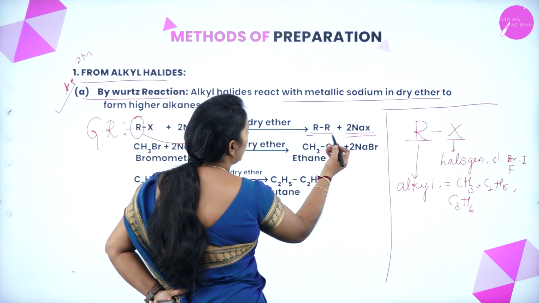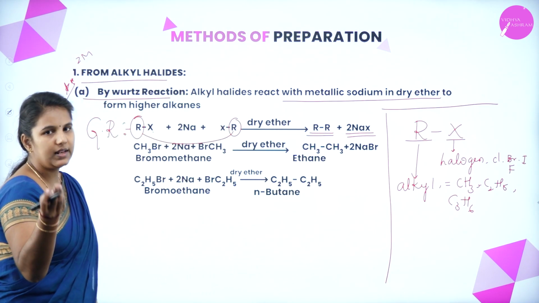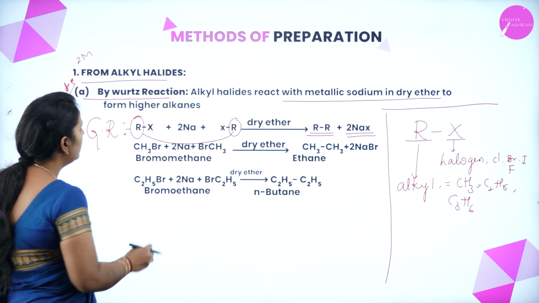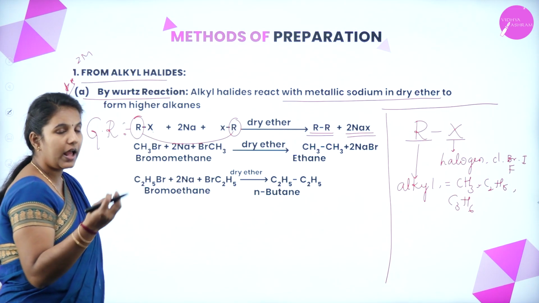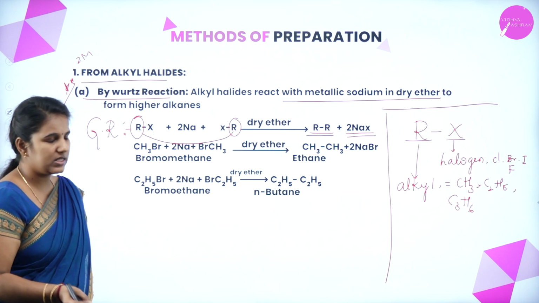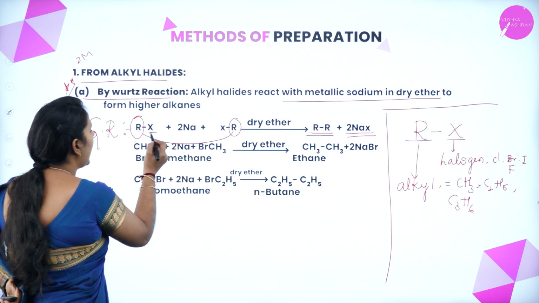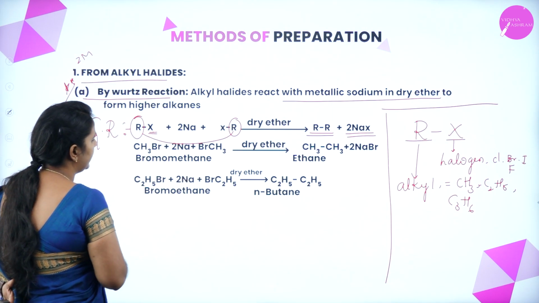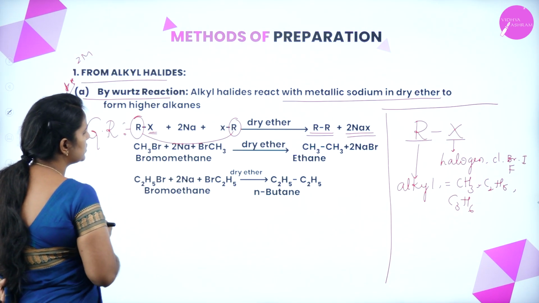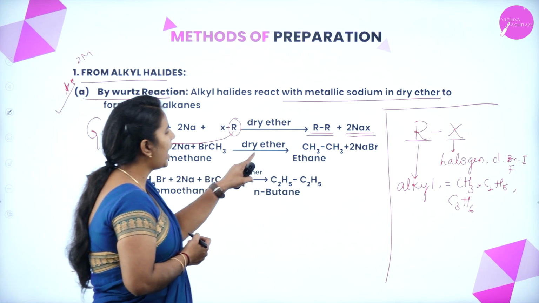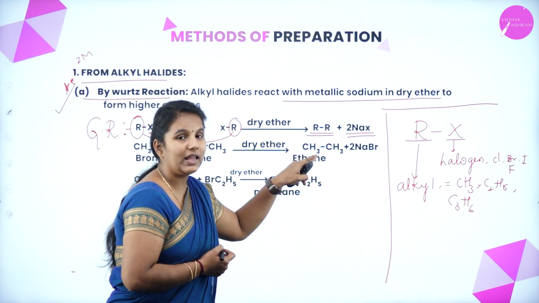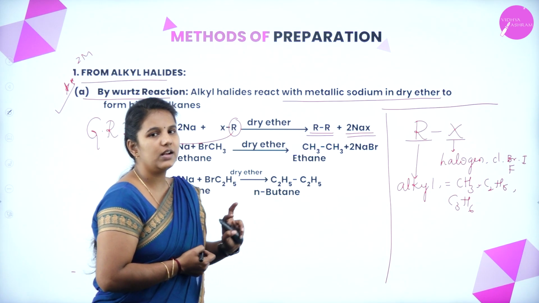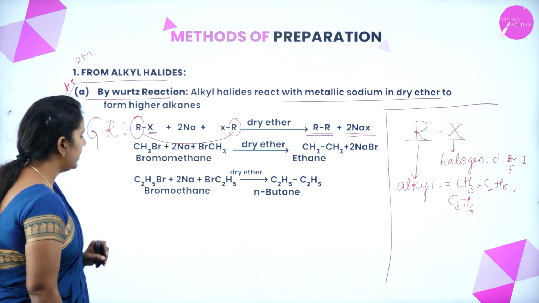And this R-R is nothing but an alkane. Now, I'll substitute the R with CH3. My halogen is Br. So, the name of this compound is bromomethane, which is allowed to react with the sodium metal. In presence of dry ether, what does it form? Ethane will be formed along with the release of sodium bromide.